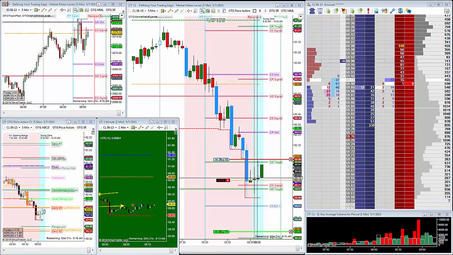Man, I thought that wick that we just got right there where we got down to 78 was going to be the signal for us to continue that push down, but it's not appearing to be that way here yet.